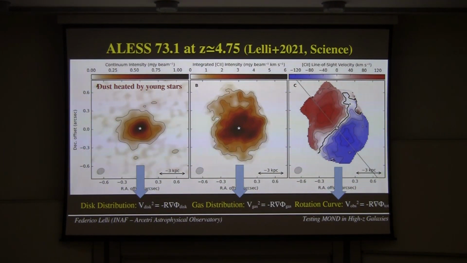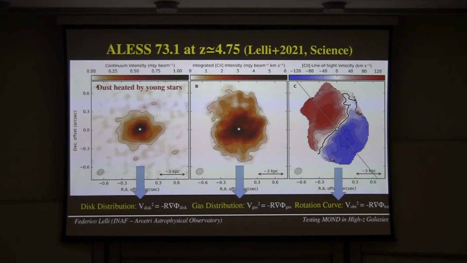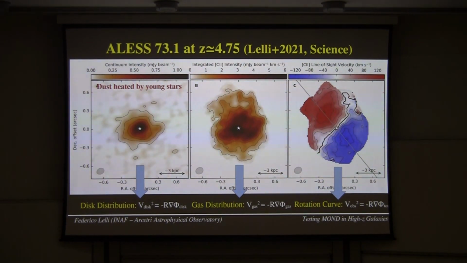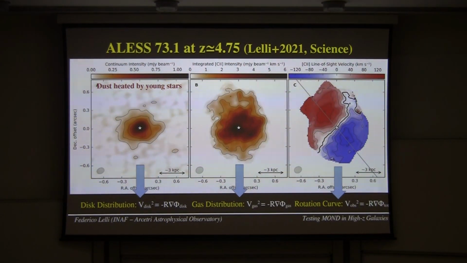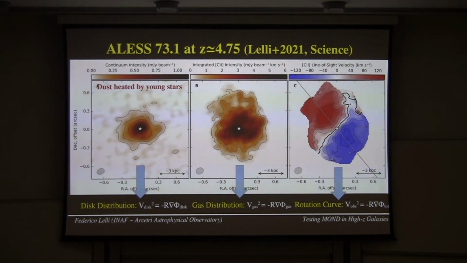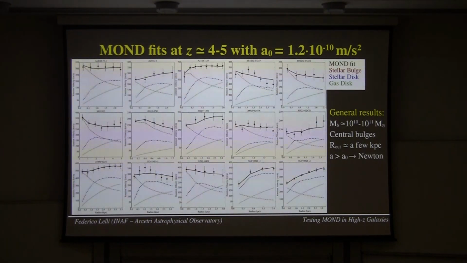And then we also include a bulge component by hand. So we have an additional passive component in the center, spheroidal light, and this would be the star-forming disk component. So the mass model that I'm going to show in the next slide should be taken with a grain of salt, because we don't really trace the stellar mass distribution as we do at redshift 0, but this is the first thing we can do.